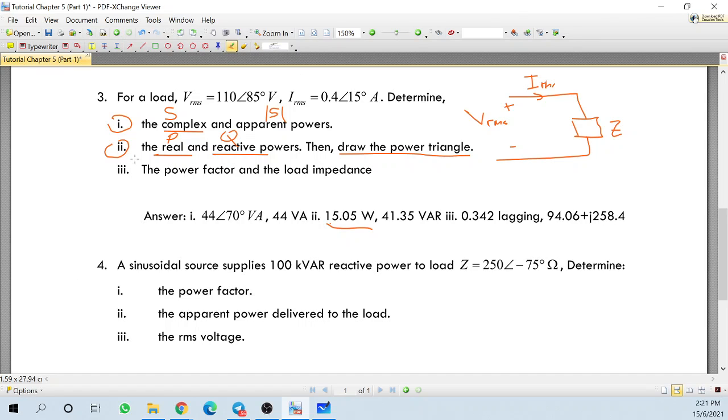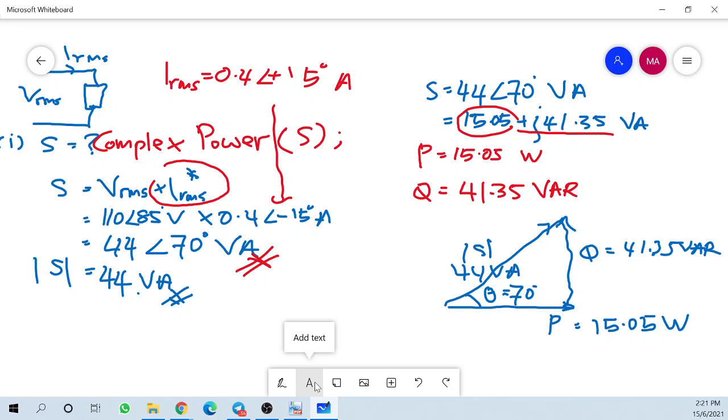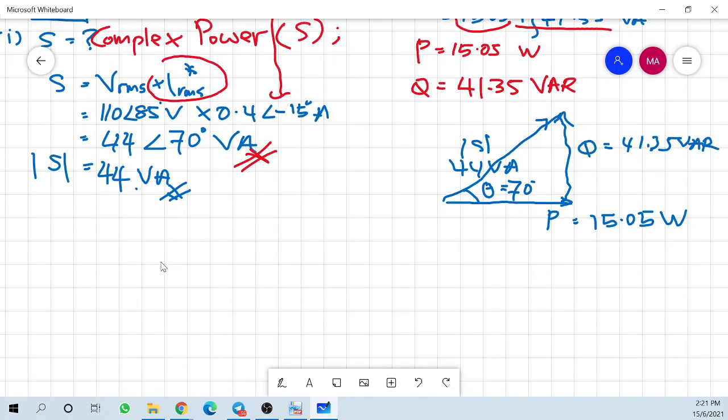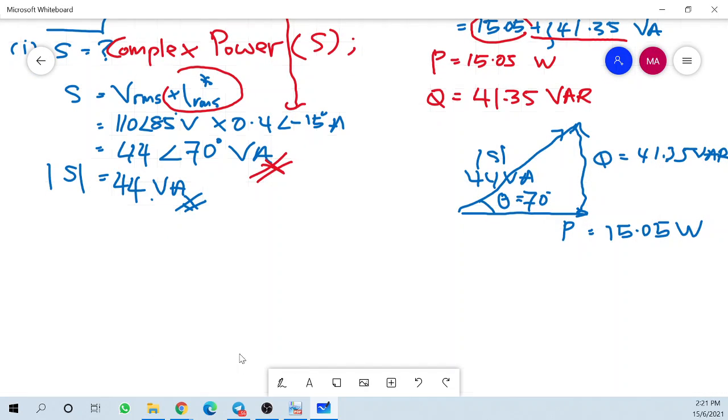So next, question number 3. Determine the power factor and load impedance. Power factor, commonly written PF, and load impedance, of course, ZL. Look at the circuit. What is the value of ZL? How to determine?